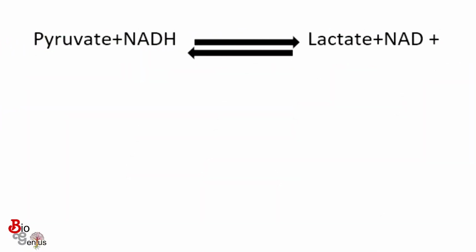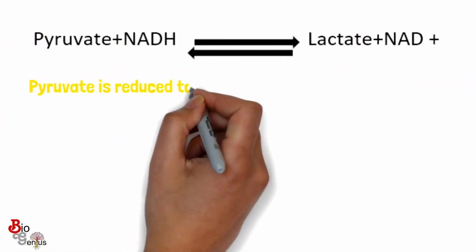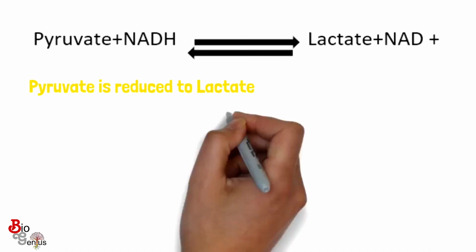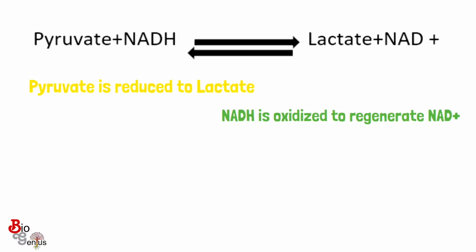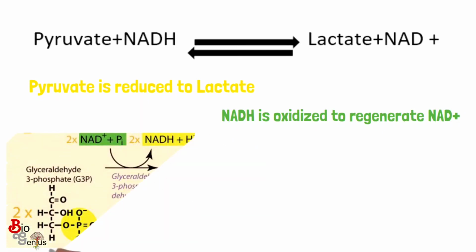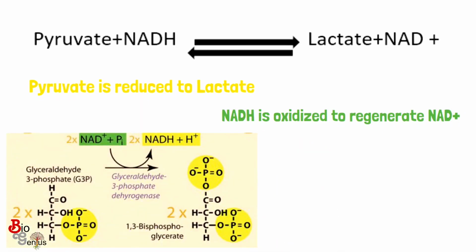So in this reaction, pyruvate is reduced to lactate. Here, NADH is oxidized to regenerate NAD+. If you remember, in step 6 of glycolysis, while glyceraldehyde 3-phosphate is being converted to 1,3-bisphosphoglycerate, NAD+ is reduced to NADH.